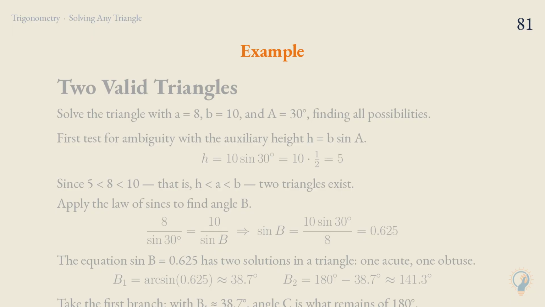Both triangles satisfy the data, one with angles 30, 38.7, and 111.3 degrees and c about 14.9. The other with angles 30, 141.3, and 8.7 degrees and c about 2.4.